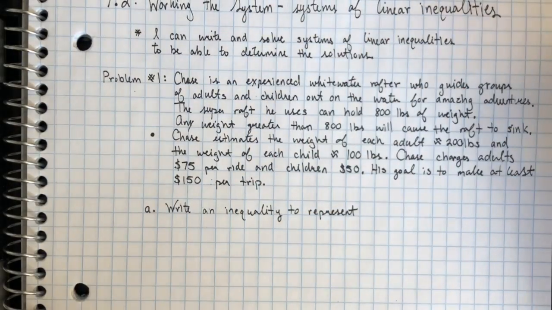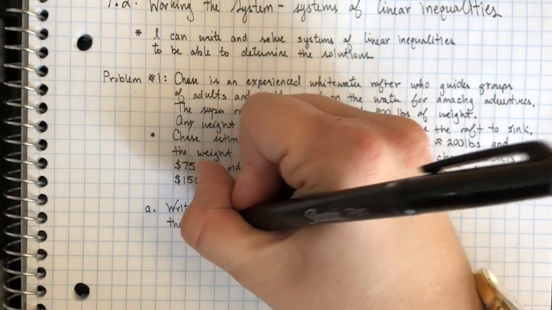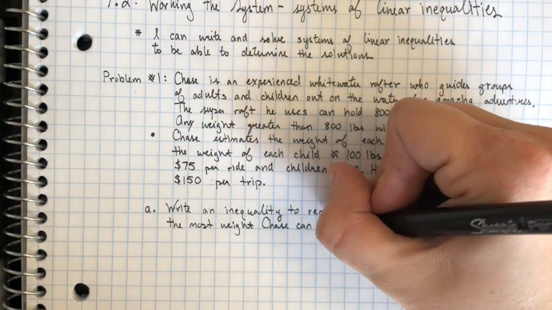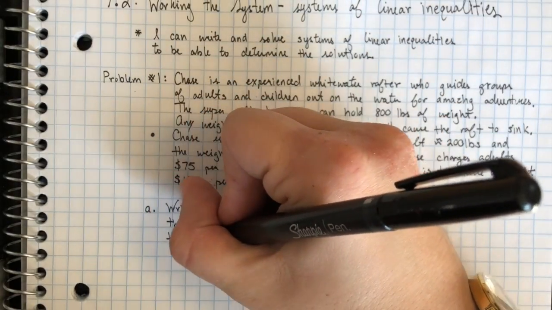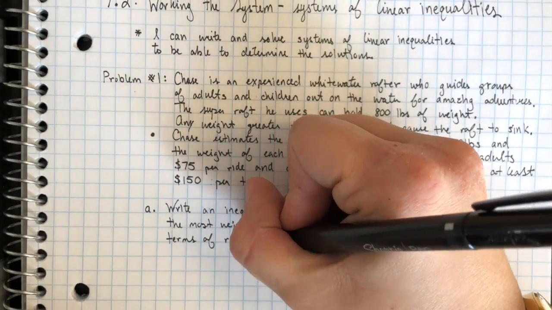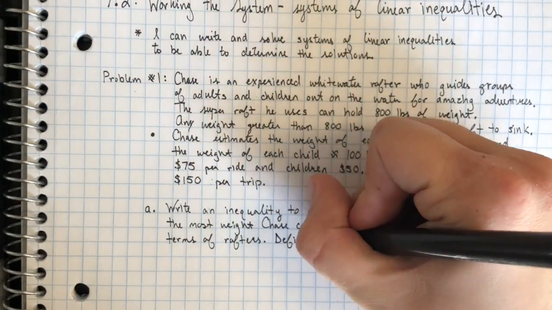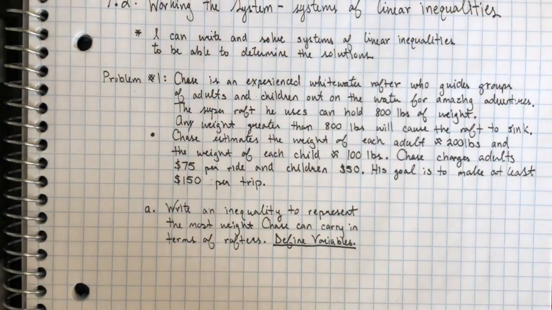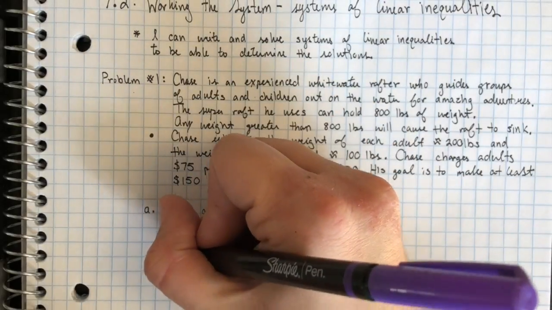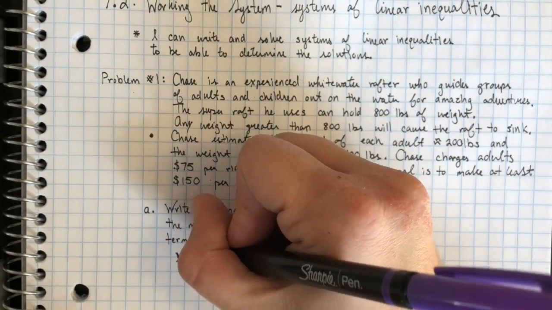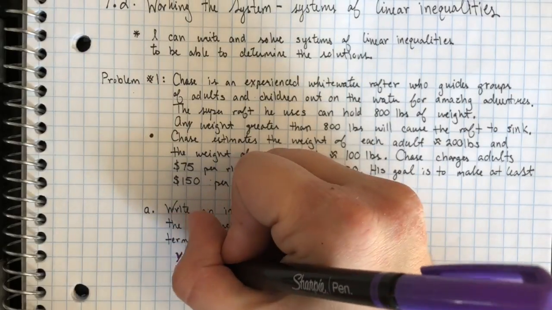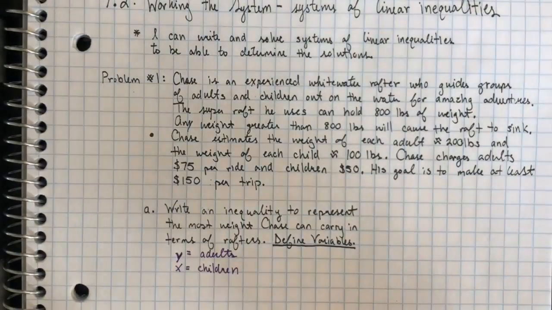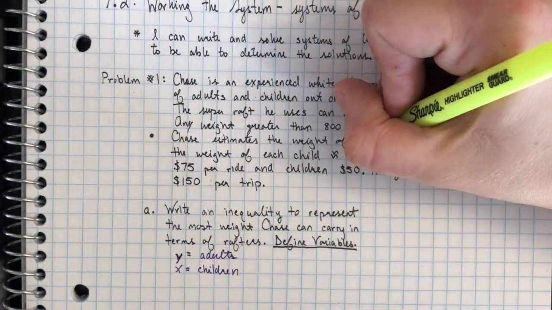So part A, we're going to write an inequality to represent the most weight that Chase can carry in terms of the rafters. And we also need to define our variables because we have not done that yet. So first of all, if y is equal to the number of adults and x is equal to the number of children, let's write the inequality thinking about the weight that the raft can carry.